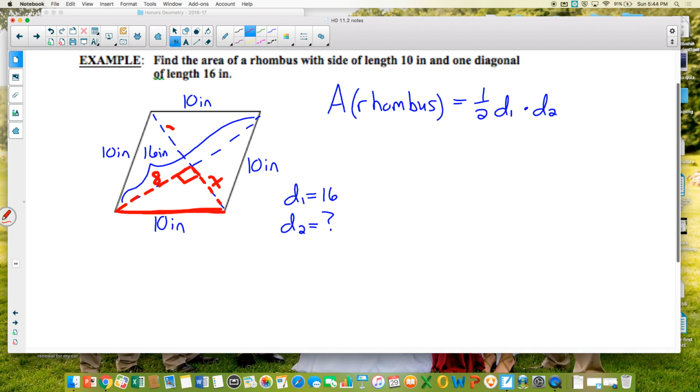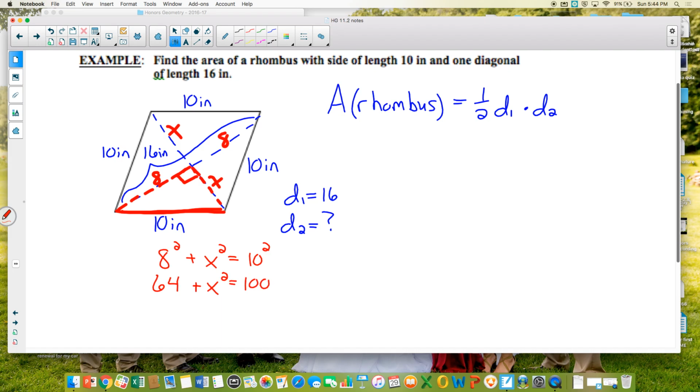We can call that x, and over here this is also x, because diagonals bisect each other in a rhombus. So if we use Pythagorean theorem, we know that 8 squared plus x squared equals 10 squared. 64 plus x squared equals 100.